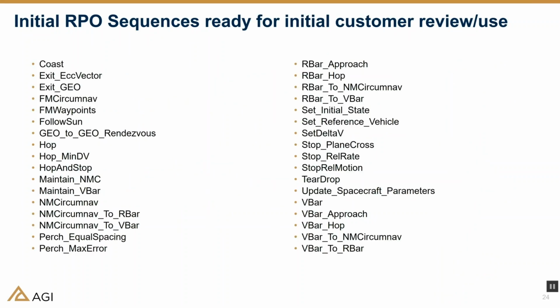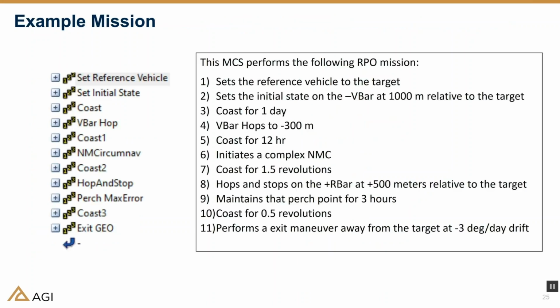So the sequences that are ready now to use by our customers are a set of about 30 some odd sequences, different rendezvous and proxops parameters that you can push together now to form a complex mission. So here's an example mission, and you can see what it does.